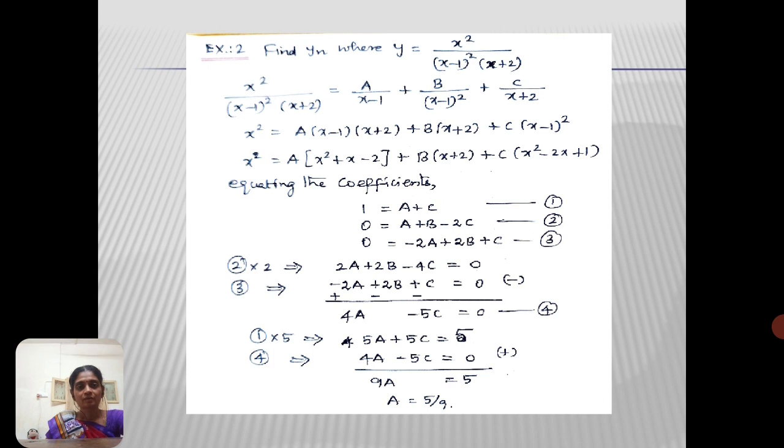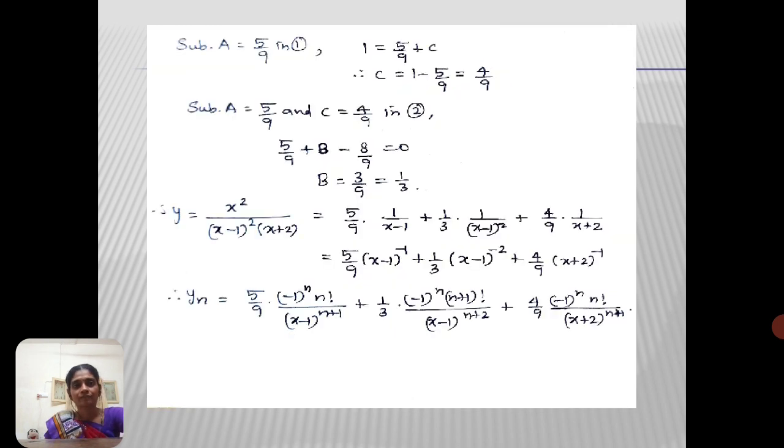On simplifying, we get a equal to 5 by 9, b equal to 1 by 3 and c equal to 4 by 9. So y can be written as 5 by 9 into 1 by x minus 1 plus 1 by 3 into 1 by x minus 1 whole square plus 4 by 9 into 1 by x plus 2.